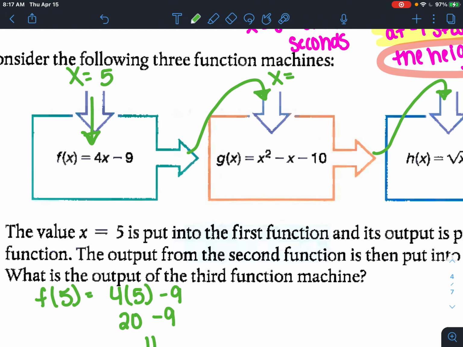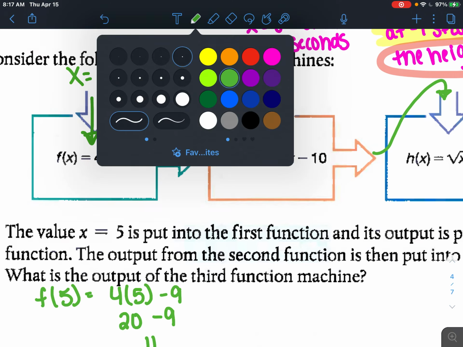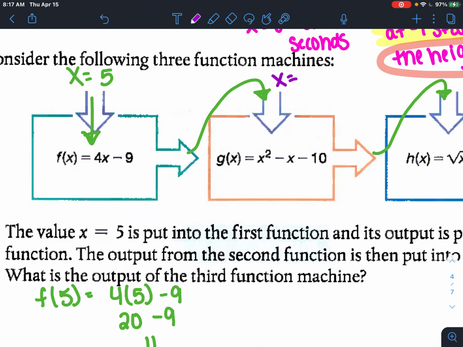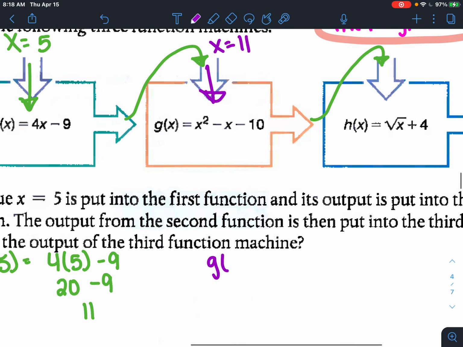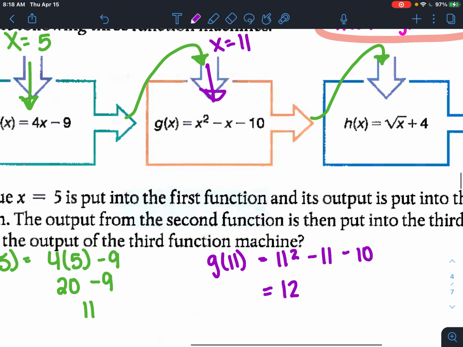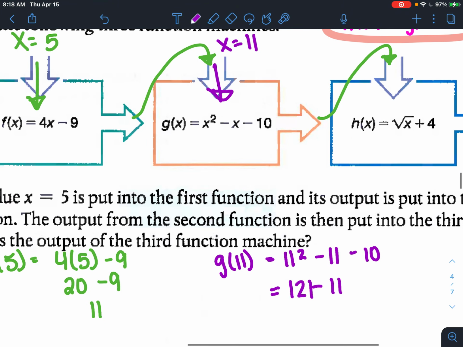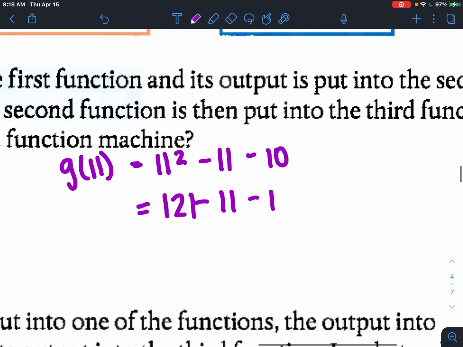So now x equals 11, plugging that in. So g of 11 equals 11 squared minus 11 minus 10. So I have 121 minus 11 minus 10.